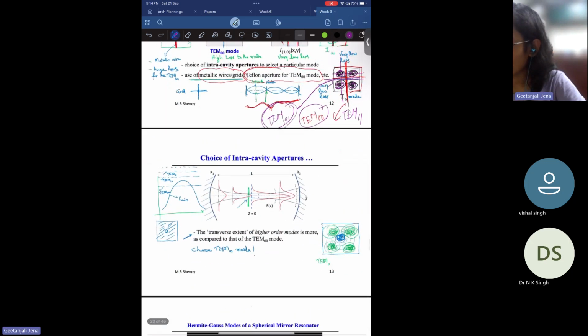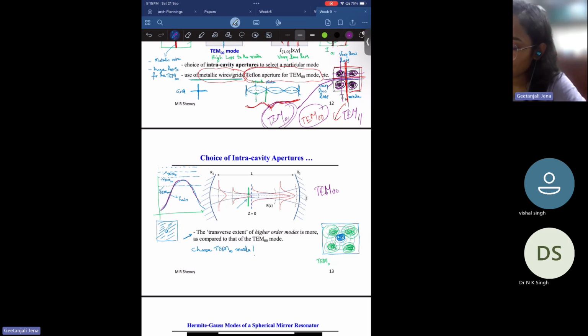And if you particularly want to filter out the TM00 mode, then what do we use? We use a Teflon aperture. If you see the field pattern of this TM00 mode, the field pattern is like this, right?